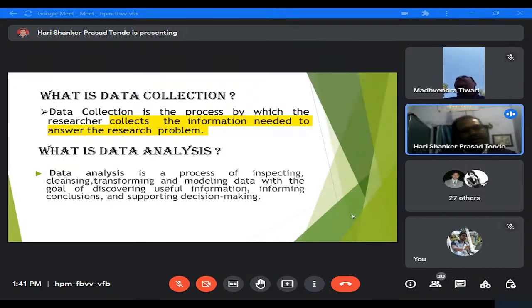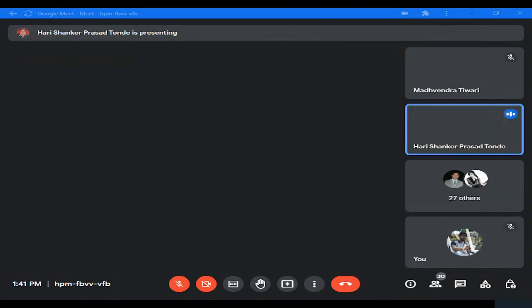And afterwards transforming and modeling the data with the goal of discovering useful information, informing conclusions, and supporting decision making. So this is about data analysis. Regarding this data analysis, various softwares are there. You have heard about MS Excel, you have heard about SPSS, you have heard about R, you have heard about data mining. These are some softwares which are used for the data analysis purposes of the researchers.